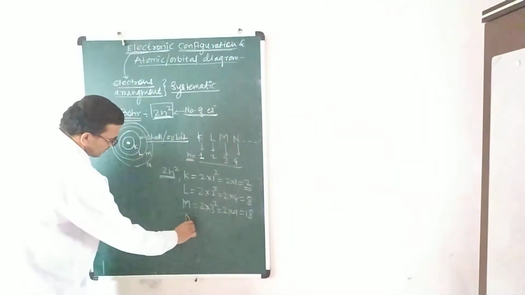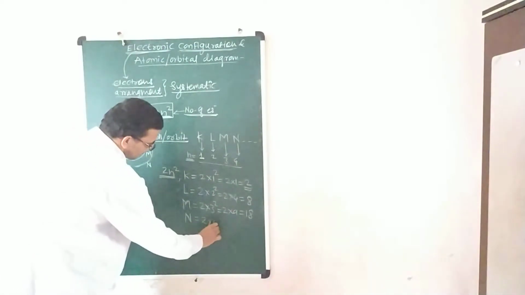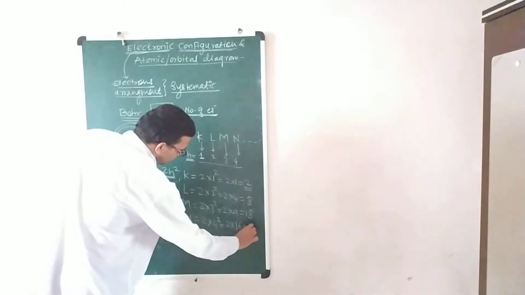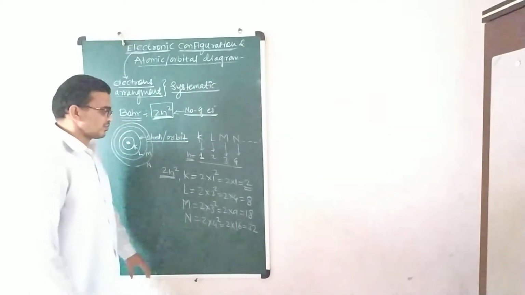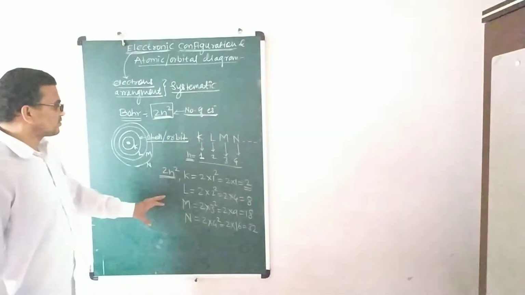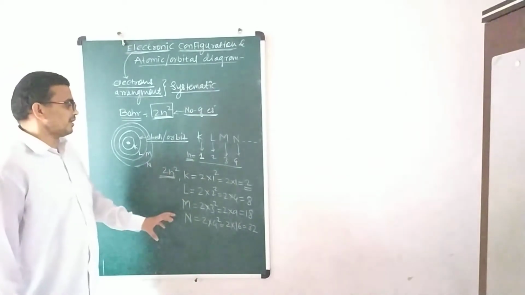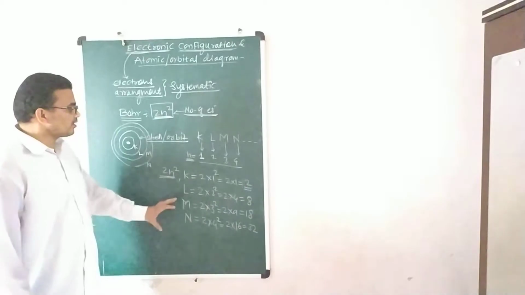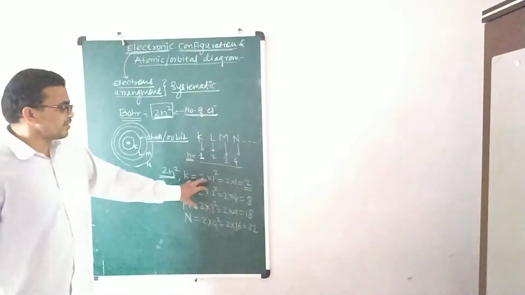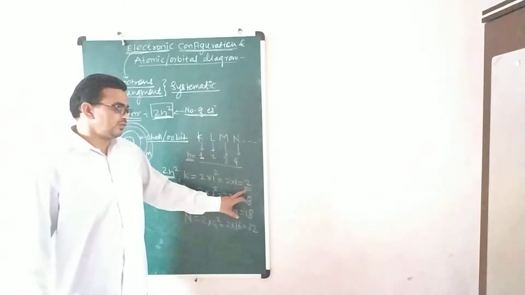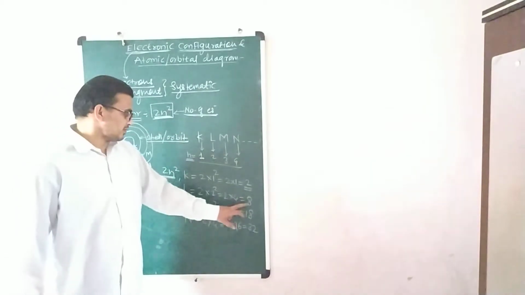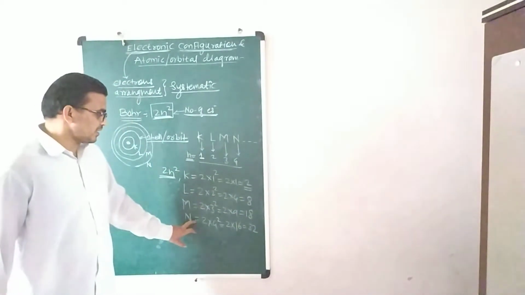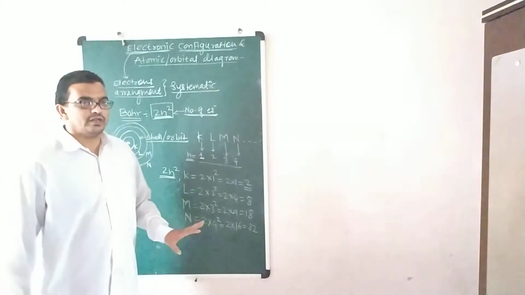And for the N shell, 2 into 4 square is equal to 2 into 16, which is equal to 32 electrons. This is very important, students. You can easily understand the electronic configuration by this rule. Now you know that in the first shell the maximum number of electrons is 2, L shell 8, then M shell 18 electrons, and N shell 32 electrons.